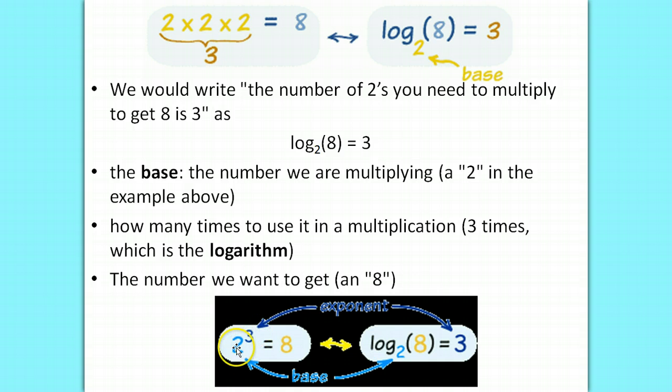One way to think of your base is it's always in the basement. It's always the lowest number. Here it's bigger than the 3, but the 3 is still at a higher level than it. And here, 2 is down below the 8, so it's in the basement over here too. So that's one way to remember where your base goes.